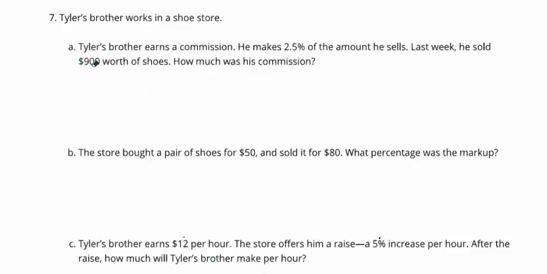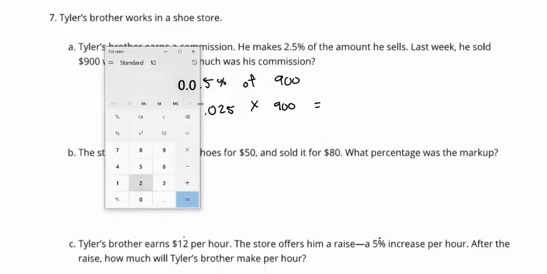So we need to find 2.5% of 900. Well, this "of" means to multiply, right? 2.5% as a decimal, we're going to go 1, 2, 0.025. 0.025 times 900 is $22.50.